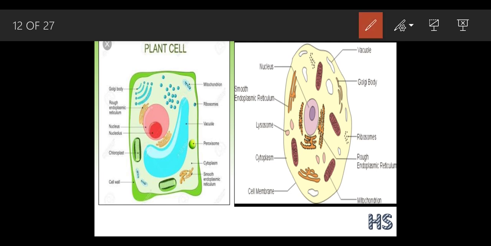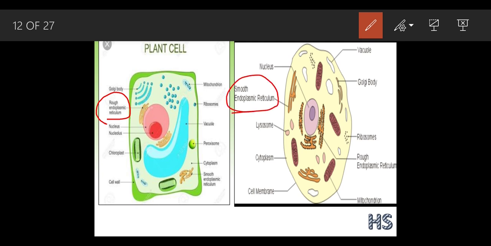We can see out here the rough endoplasmic reticulum. This is the rough endoplasmic reticulum.